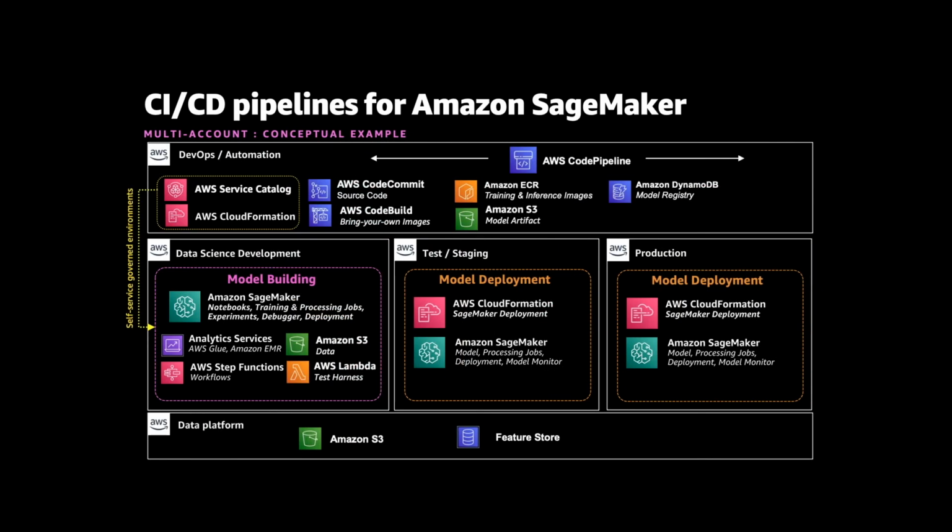And this is one example, right? A multi-account example that uses the machine learning ops framework reference architecture. This is a library that is available out there, which consists of CloudFormation stacks, and Service Catalog for implementing the products that you just created, like the Studio and many other things.